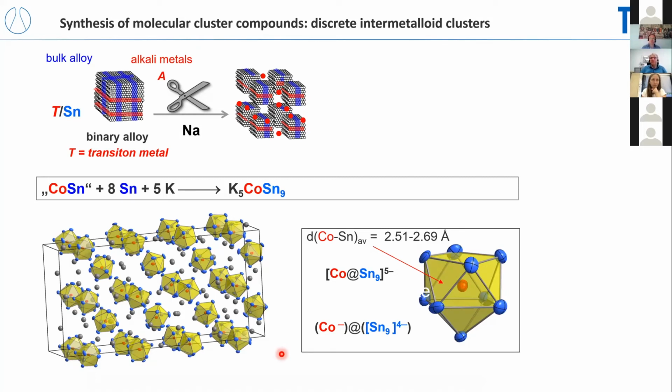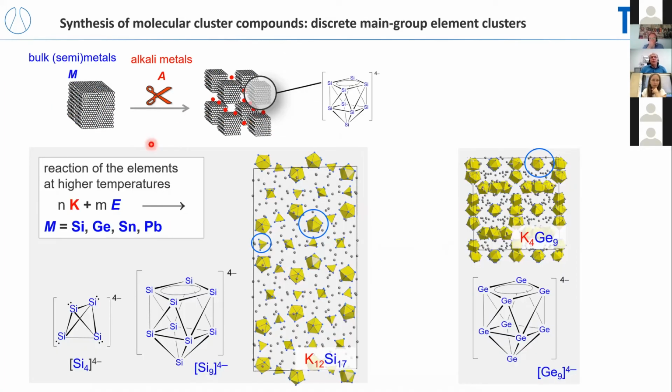If we do the same, not with a Hume-Rothery phase or an alloy, but with a semi-metal like silicon and germanium, we can create those really fascinating small element clusters of silicon, germanium, tin, and lead. And this opens a whole new possibility in silicon chemistry and germanium chemistry.